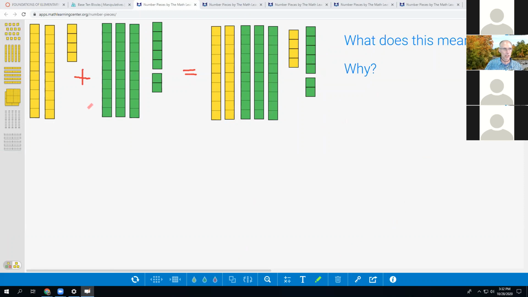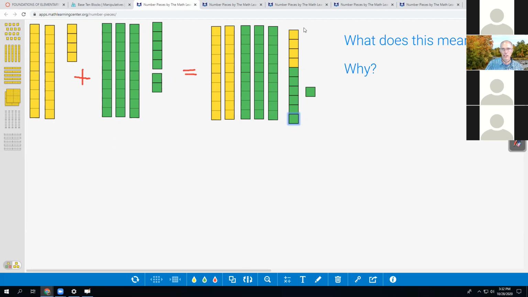So for this one right here, let's turn off the pen, maybe. Come on, pen. There we go. We might actually pick these guys up and try and build a 10 out of them, just to reinforce that that group right there is the same as this group over here.